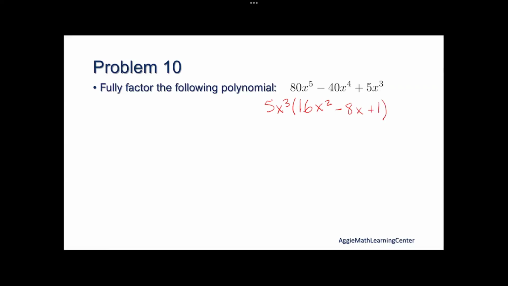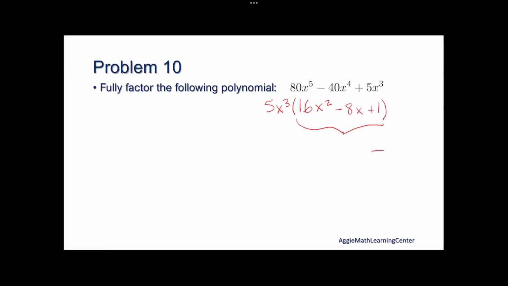Okay, awesome. All right, so now we have that 5x cubed out in the front. Now let's look at our inside term here. What is the coefficient on the first term? A 16. So we have to multiply the 16 by the 1, which equals 16.